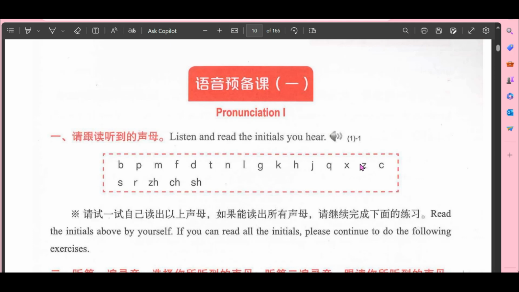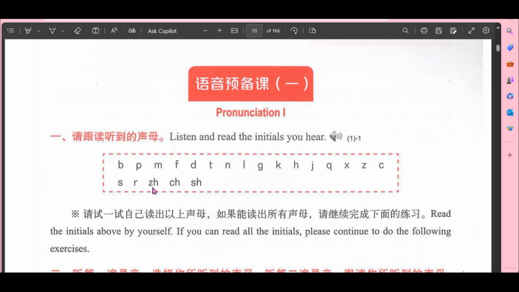Xi, zi, ci, si. Okay. R, r, not r, but r, r, r.